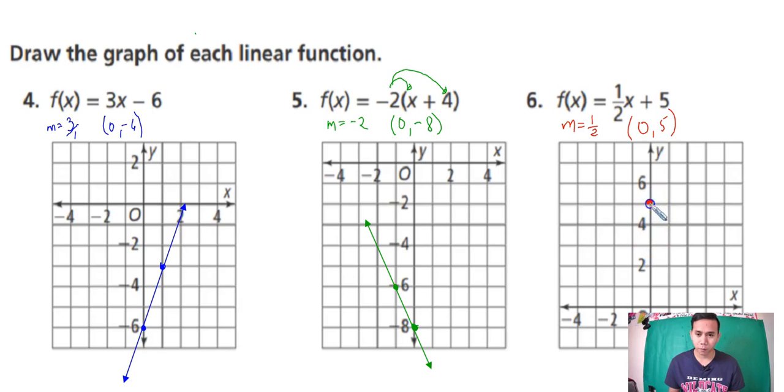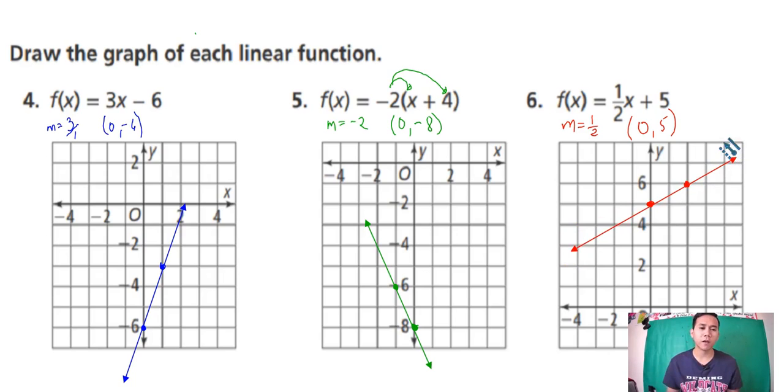It's here, 0, 5, and then we go up once, 1, and then 1, 2. Okay, and then connect these points. All right, so we're done graphing it.